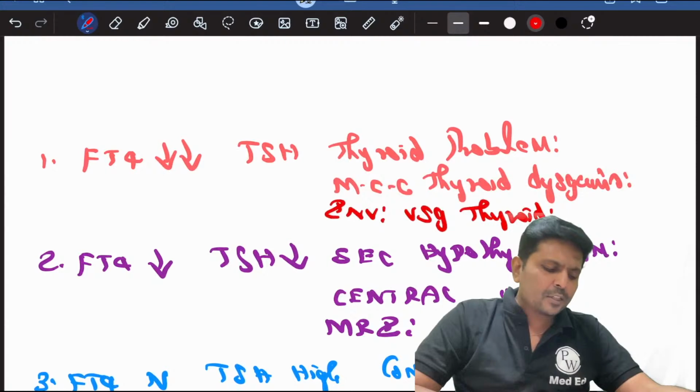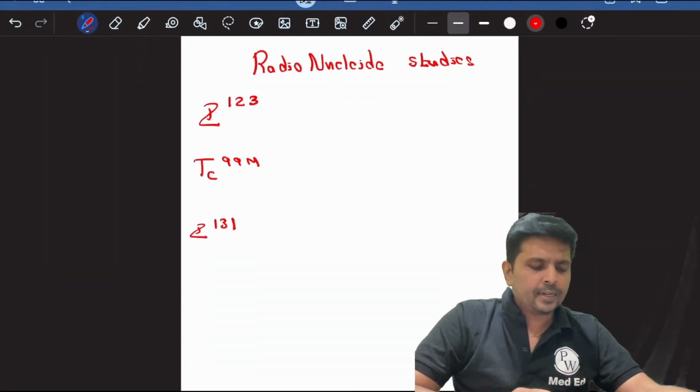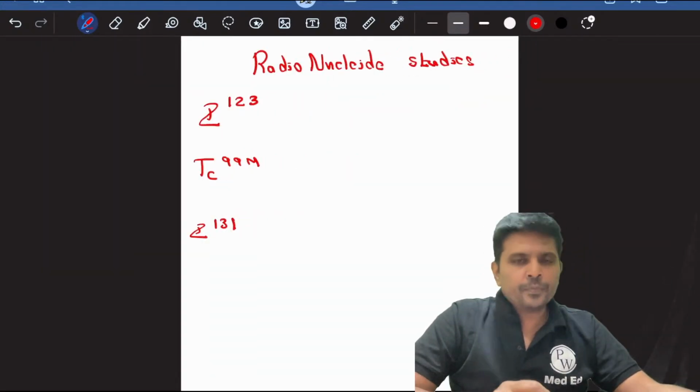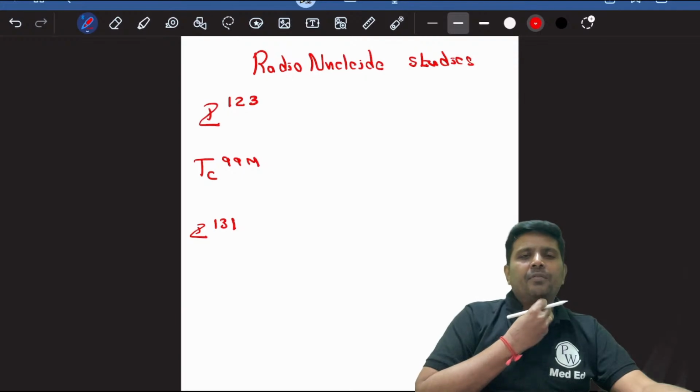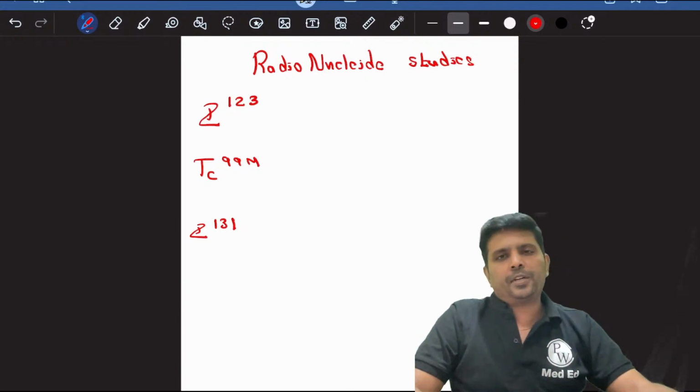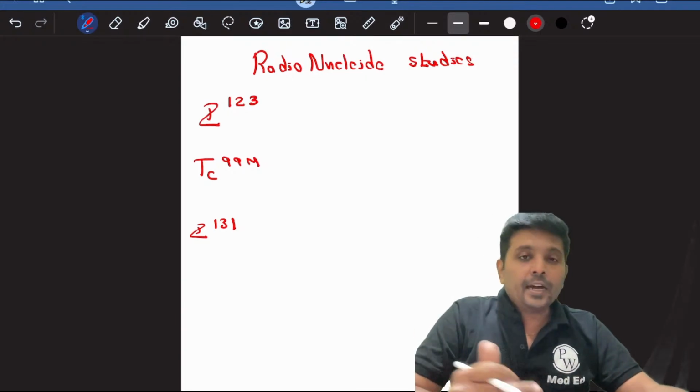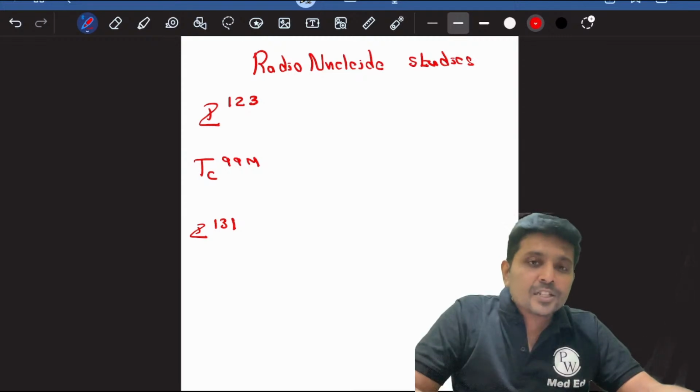So what is the difference between an ultrasound and radionuclide studies? Ultrasound will measure whether it is present or absent, hot or cold, whereas radionuclide studies are functional studies because the majority of them utilize iodine.